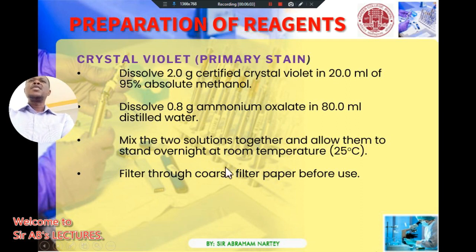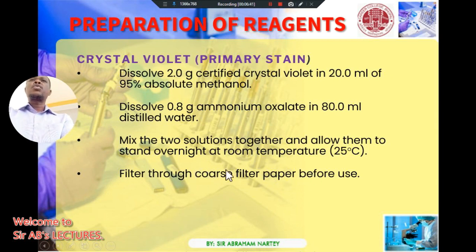So there's a high probability that some of those substances will not dissolve completely. You need to filter them out so that when you apply the dye on your tissue, the undissolved particles will not remain and also stain the sample. Otherwise you have a false positive result, whereby a particle will show up as if it were a stained microbe. That is the main reason why you have to filter through a coarse filter paper.